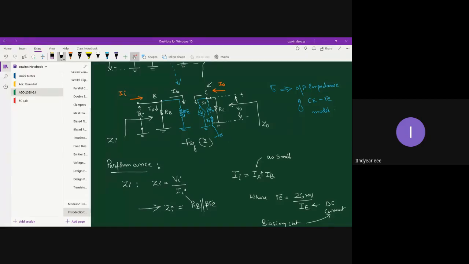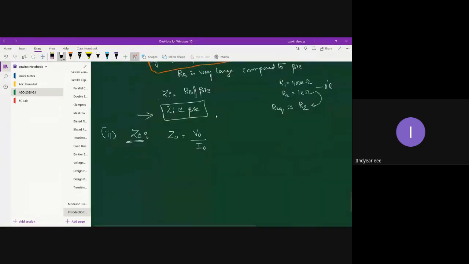Across collector and ground, what resistors are coming in contact? What do you see from the output side? You see that RC is getting connected in parallel with R0. So that's your output impedance, R0 parallel with RC.